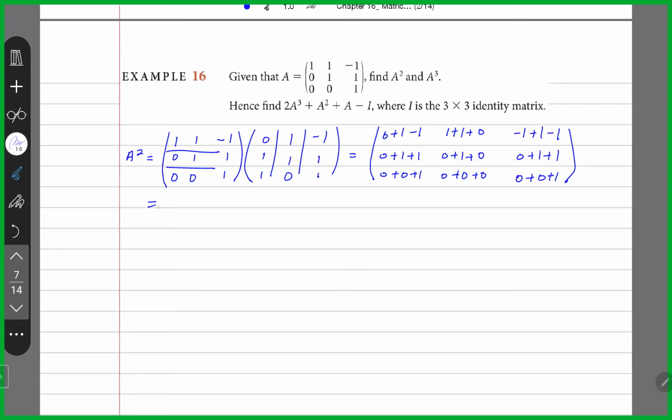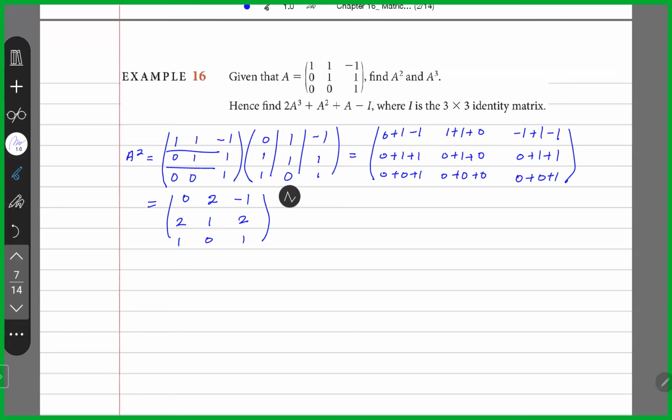So A squared is 0, 2, minus 1, 2, 1, 2, 1, 0, 1.